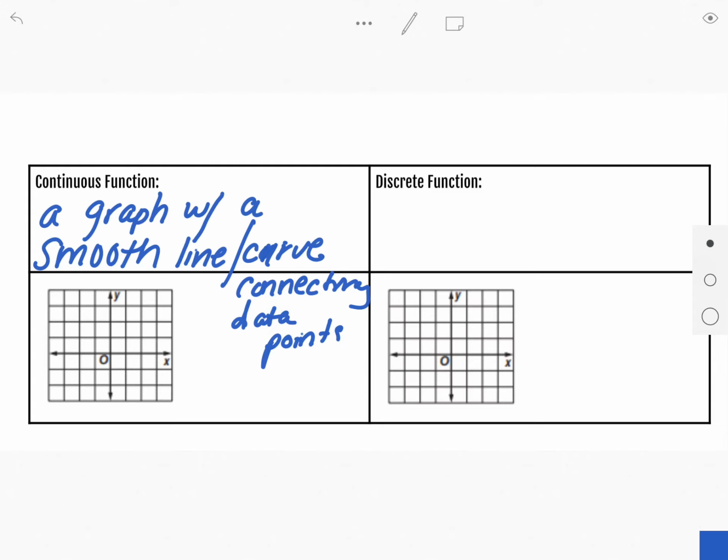So in that case, you could have a graph that looks like this. And again, it doesn't have to be a straight line. These are all data points, and if it's continuous, it's a line that's connecting them.